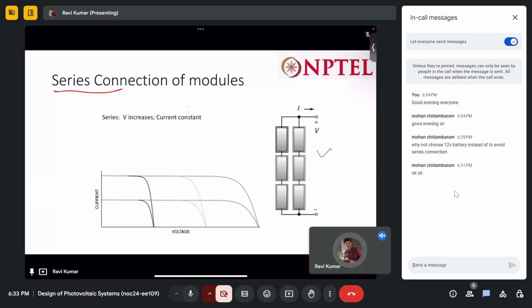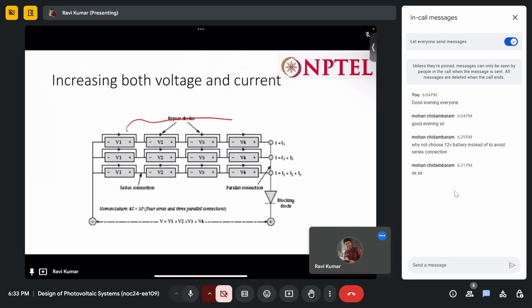So PV modules are connected similar to the battery connections. To increase both, we require modules in series and modules in parallel, so using this we can increase both voltage and current.